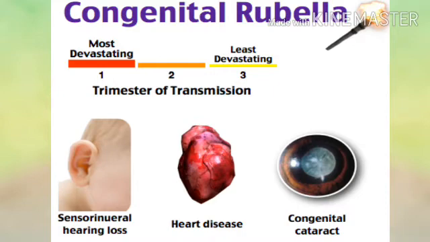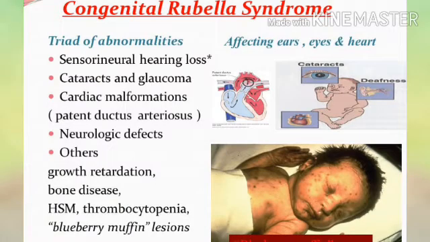And the chance of congenital rubella syndrome is more if a pregnant woman gets infection during the first trimester. Although the mother shows few signs and symptoms, the fetus is affected very severely, and the newborn has the signs and symptoms of congenital rubella syndrome.